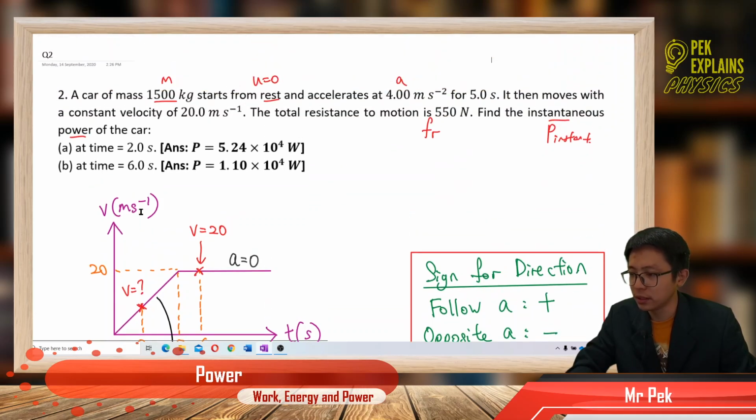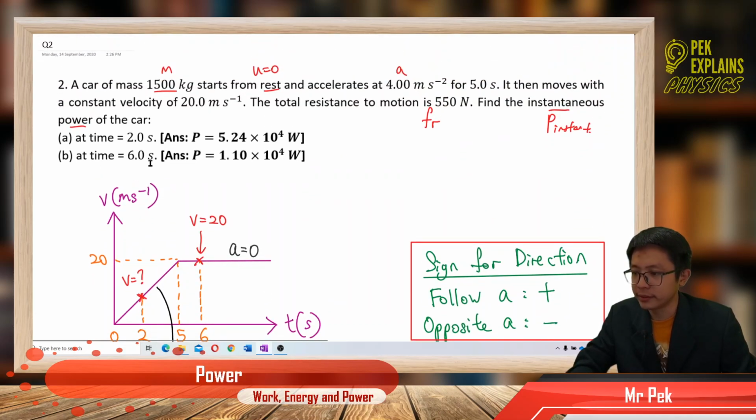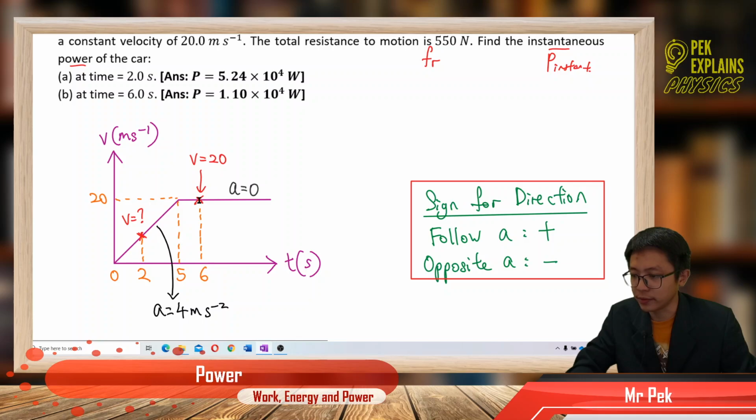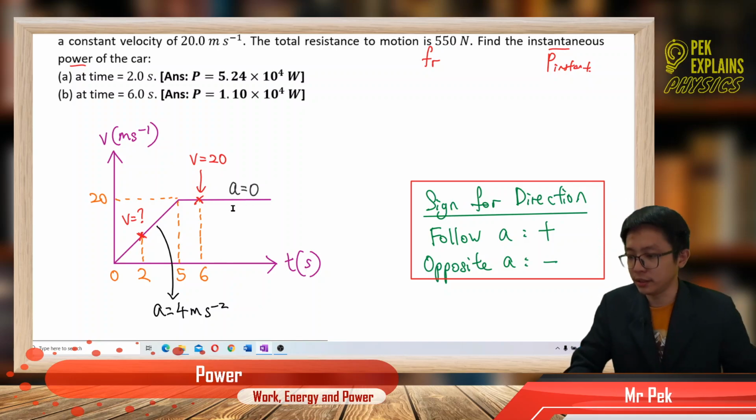We don't know the velocity, but 6 seconds is already after the 5 seconds. The 6 seconds is over here, so the car is already moving at constant velocity. So at 6 seconds, the velocity is 20. So it's easier with a graph.